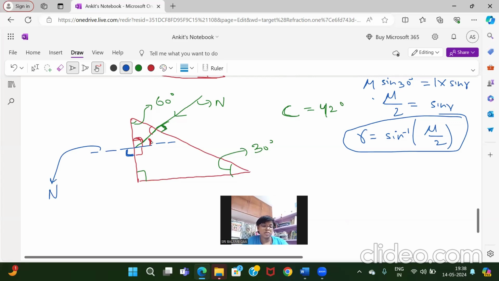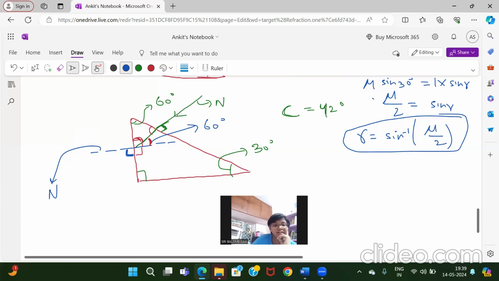Very nice. This is 60. Check. Is it more than or less than the critical angle? Critical angle is 42. Less than. TIR will not happen. Angle of incidence is more than the critical angle, or less than? Less than critical angle. Again, you are saying wrong.